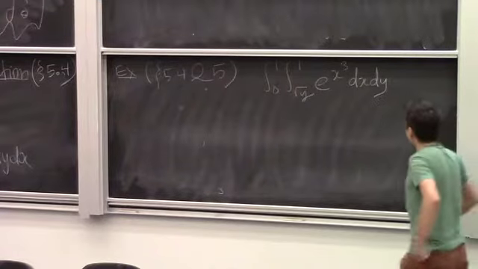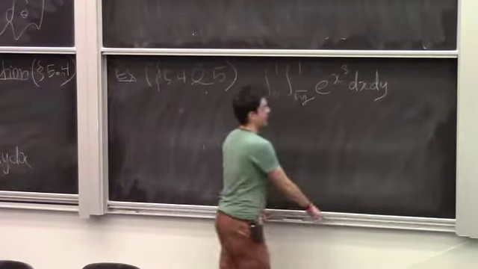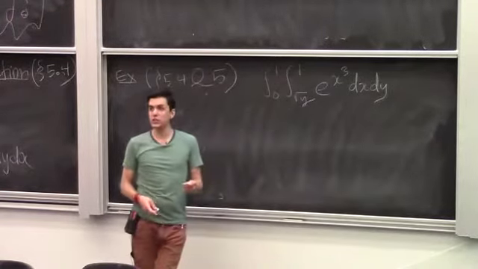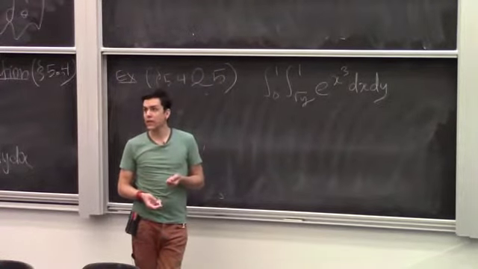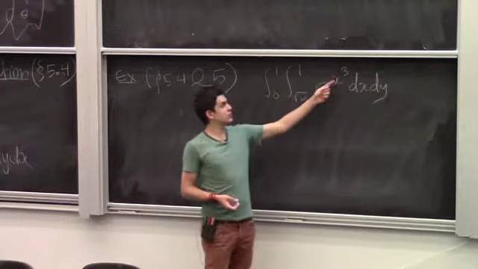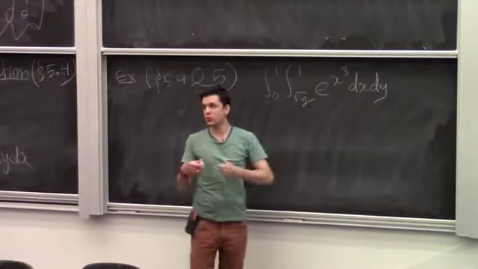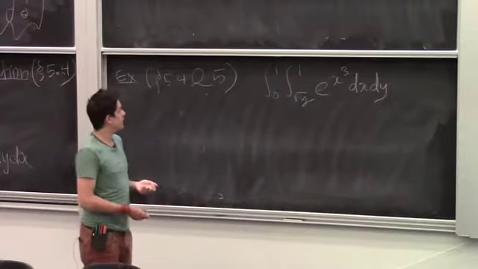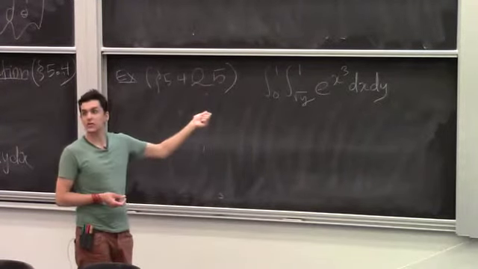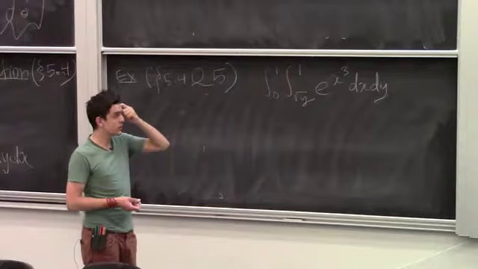Okay, so now here we've got a cubing function. Again, it's hard to find an antiderivative for this. The only antiderivative we can get for e to the x cubed is a power series. So hard to get an antiderivative here.